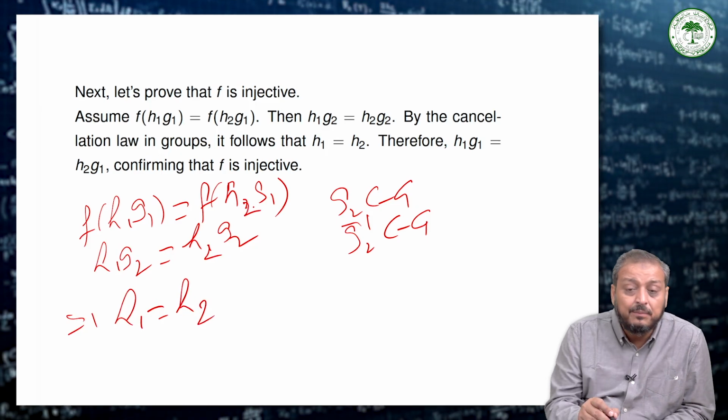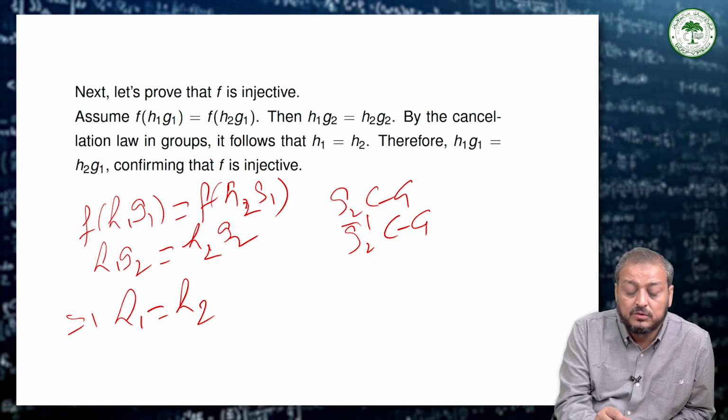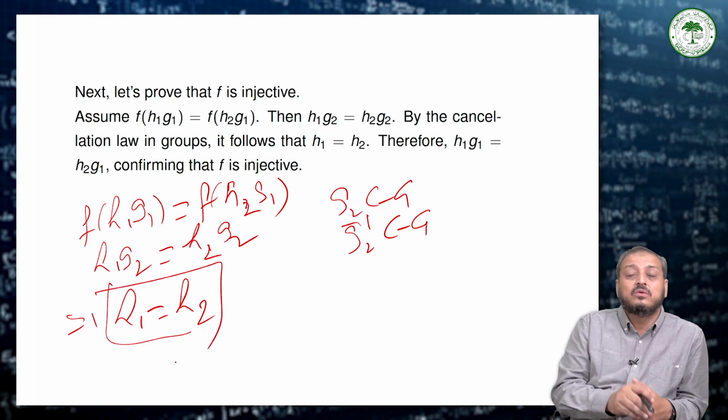So we can simply say that if f of h1 g1 is equal to f of h2 g2, then ultimately we have to show that h1 is equal to h2.